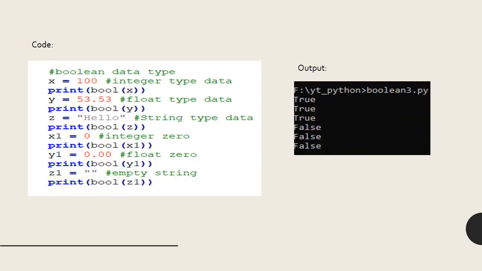Now in this code you can see that x has integer type data, and while printing the bool function with x as its argument, we get the answer true. Y and z have float and string type data respectively, and we also get true.